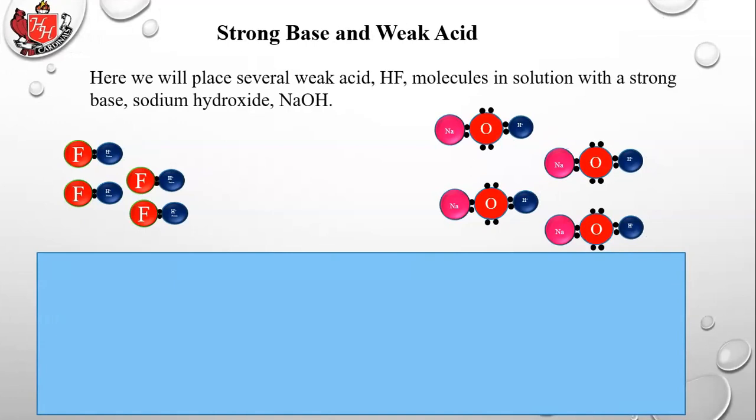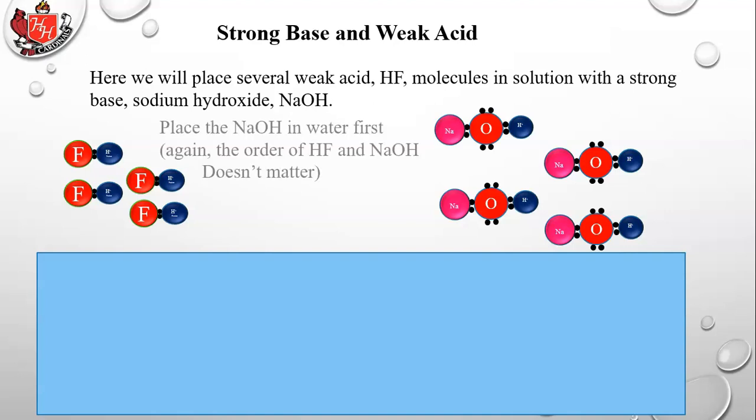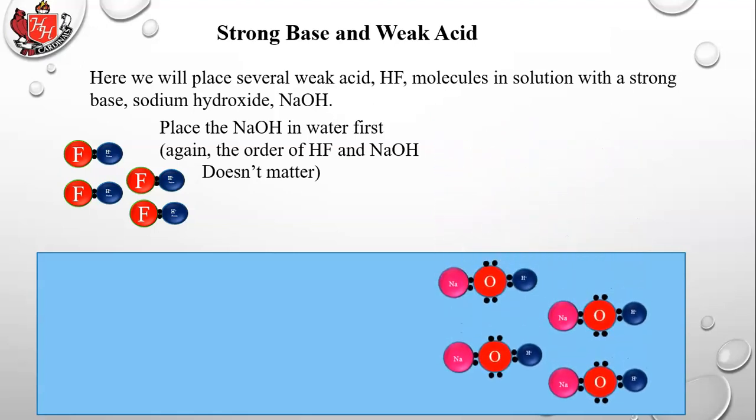Now, what's going to happen if we put a lot of weak acid in with a lot of strong base? Here we will place several weak acid HF molecules in solution with a strong base, sodium hydroxide. Place the NaOH in the water first, but again, it really doesn't matter. We're just going to do it in this sequence.